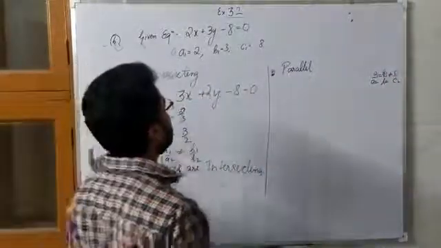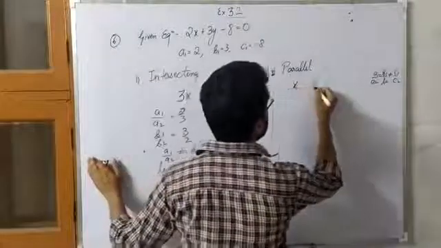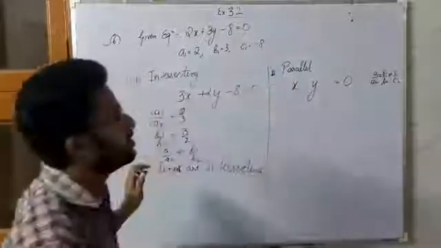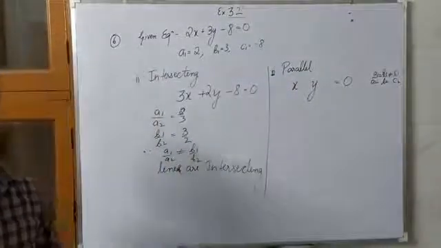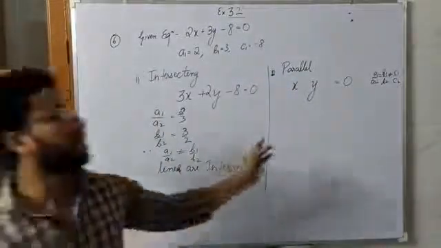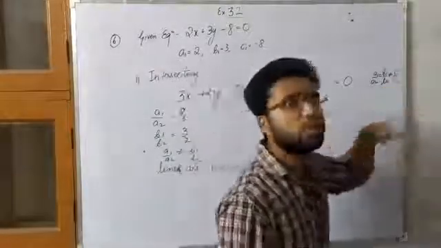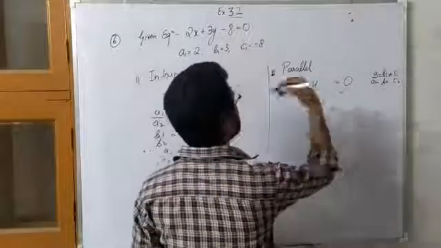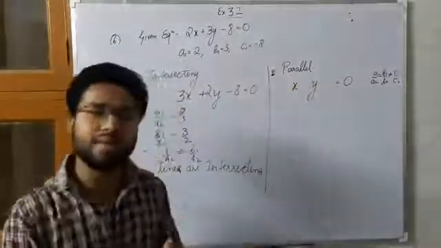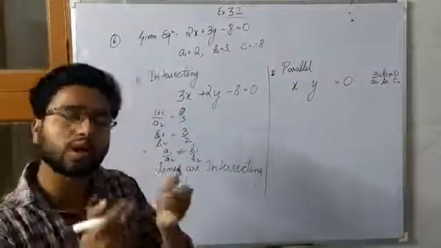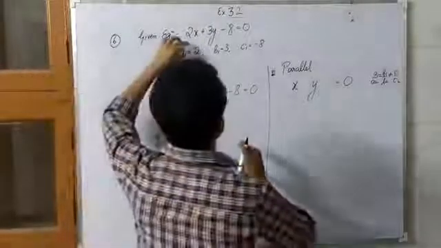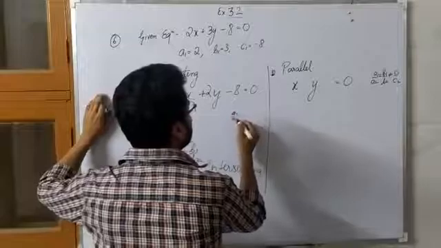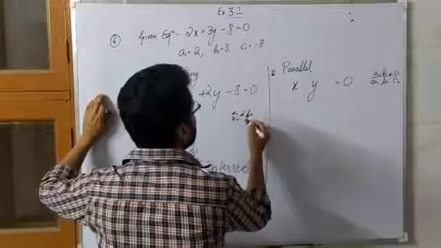So that means we have to take the coefficients of x and y in such a way that their ratio is equal, and C1 upon C2 should not be equal. Whatever should not be equal, you change it, and whatever should be equal, you keep the same, right? For example, here it was A1 upon A2 not equal to B1 upon B2.